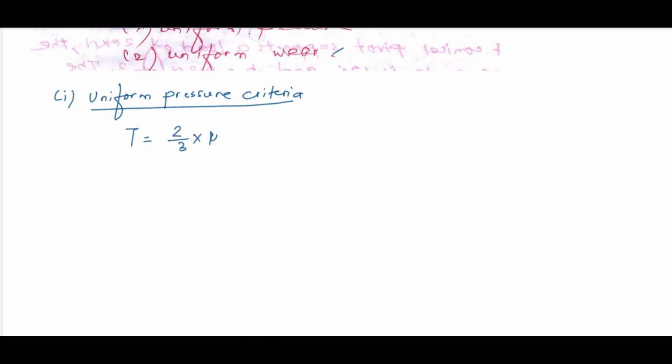So we'll see one by one. First, according to the uniform pressure criteria, this T, the torque for power lost in friction, will be 2 by 3 into mu W R cosec alpha.